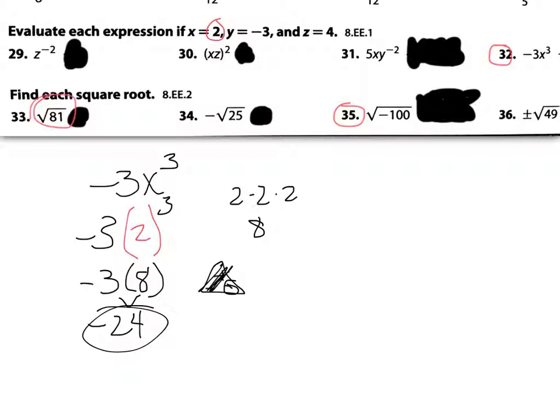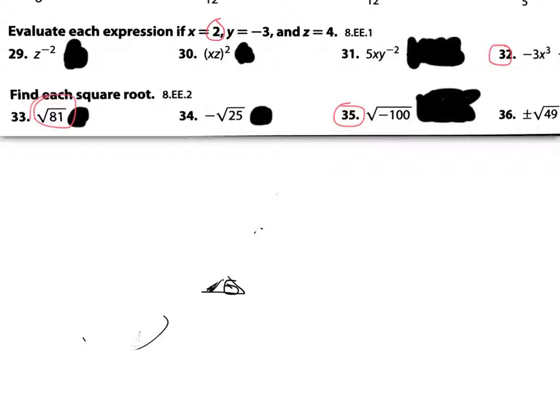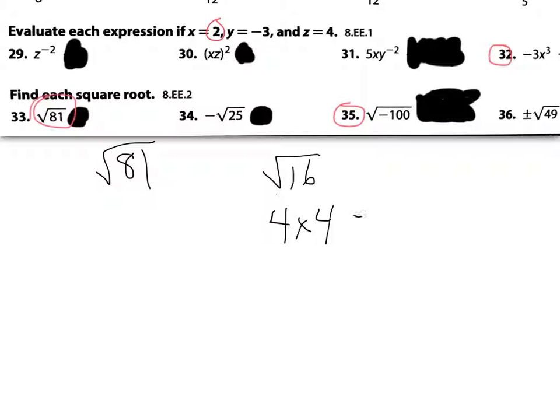Okay, let's go erase that. Okay, 33, square root of 81. That just means what times itself equals 81. So like the square root of 16, so what times itself equals 16? Well, that's a positive 4. 4 times 4 equals 16.